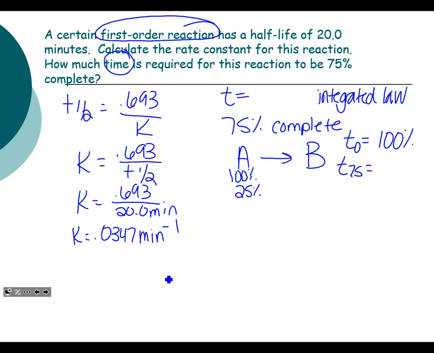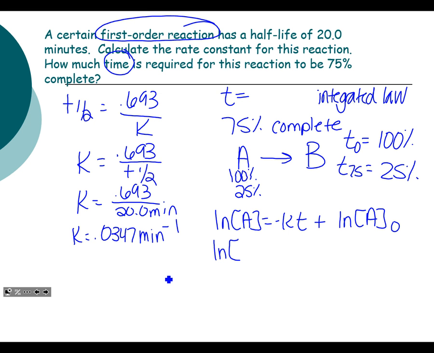75% complete means we've turned 75% of it from A into B, so we only have 25% left. Now, using our integrated rate law, we're going to take the natural log of A at our time that we're concerned with when we're 75% complete.